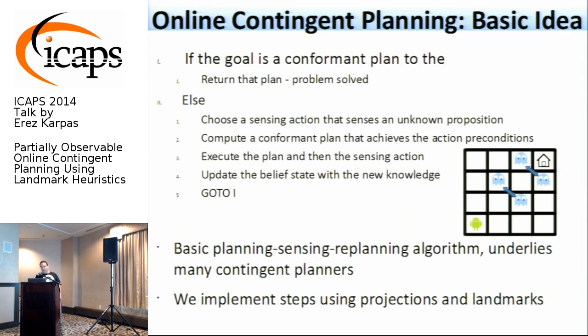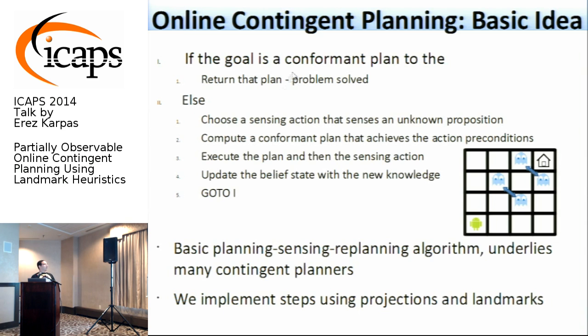Okay. So what I'm going to show you now is a very basic planning, sensing, replanning algorithm for online contingent planning. And this underlies quite a few contingent planners. So first, if there is a conformant plan to the goal, just take that plan, you're fine. But if there is a conformant plan to the goal, problem solved, right?